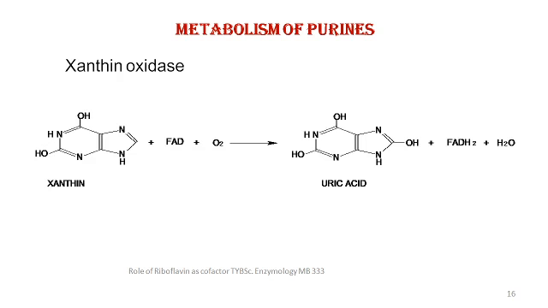In the metabolism of purines also, during excretory metabolism, FAD plays an important role as a prosthetic group or cofactor of xanthine oxidase, which converts xanthine to uric acid, which then needs to be excreted.